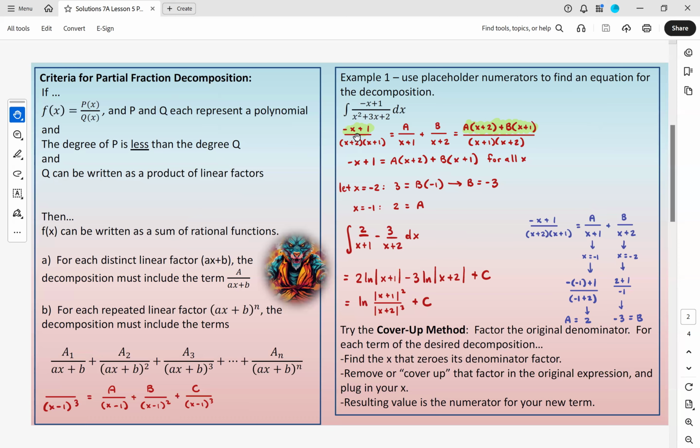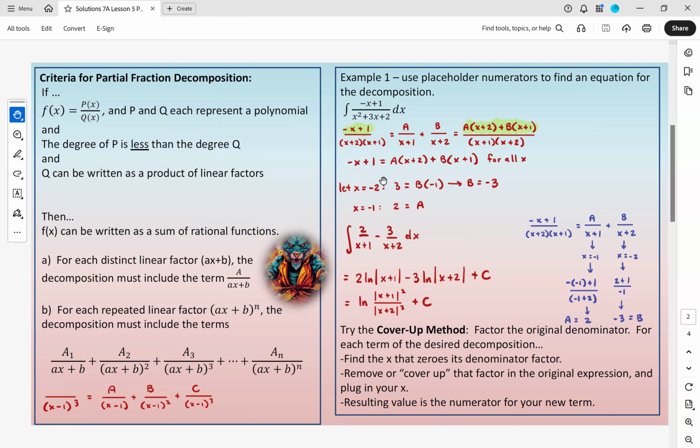This negative x plus 1 that I'm seeing in the top, some way, shape, or form must be equal to our mystery A value times x plus 2 plus our mystery B times x plus 1. So at this point, I kind of ignore the denominators, and I'm just setting these numerators equal to each other.